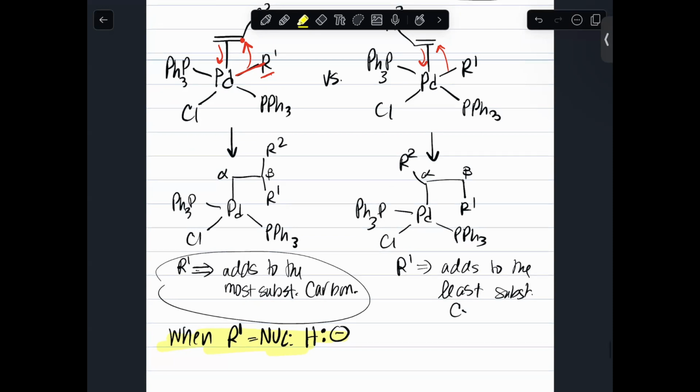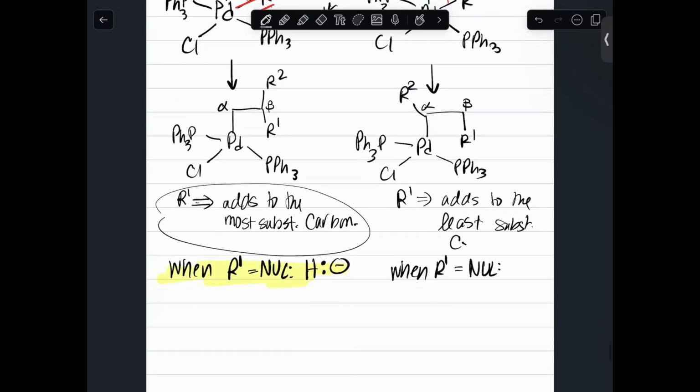Now, R1 adds to the least substituted carbon when R1 is my nucleophile and I have alkyl or aryl or vinyl groups.